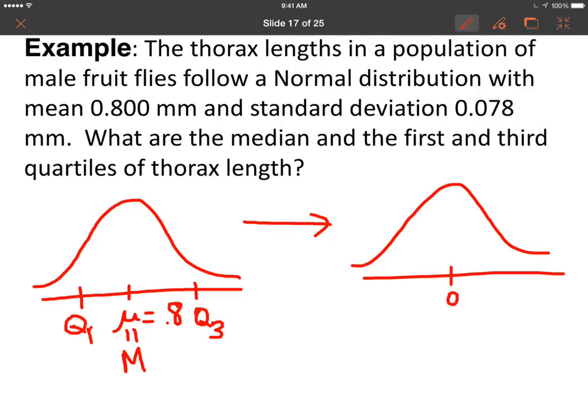So a mean of 0, and here let's call this z3 for Q3. All right. What do I know about the quartiles? They break my data into quarters, right? So what that means is that the area between 0 and z3 must be 0.25. It cuts that half in half again.